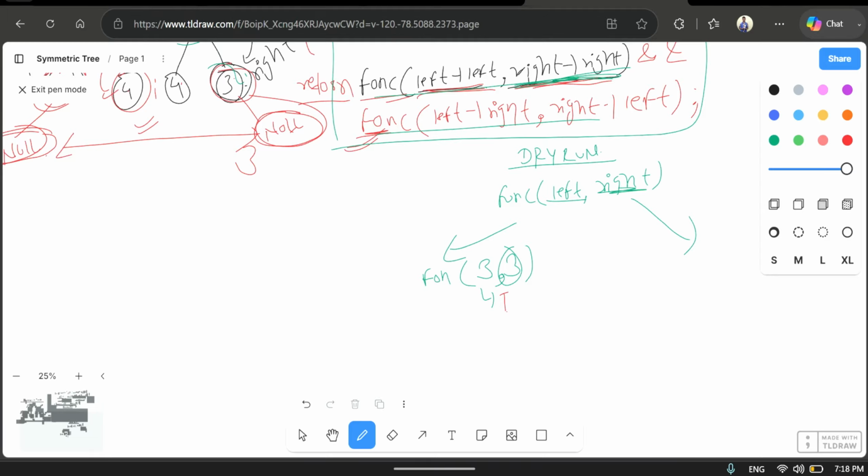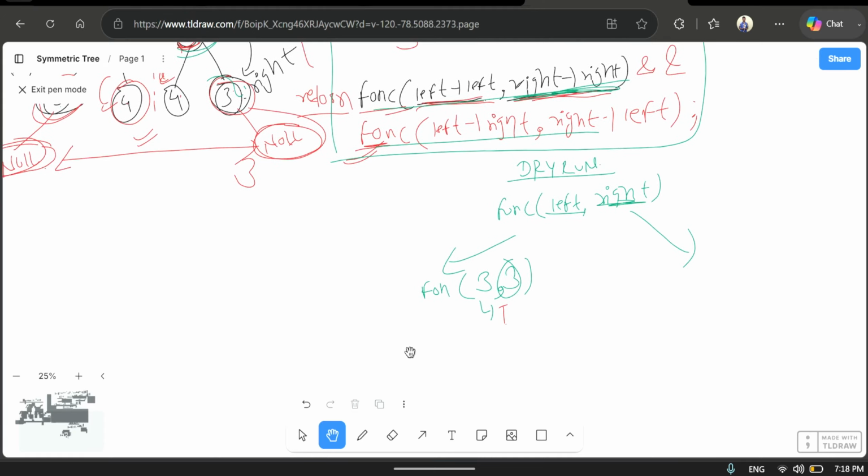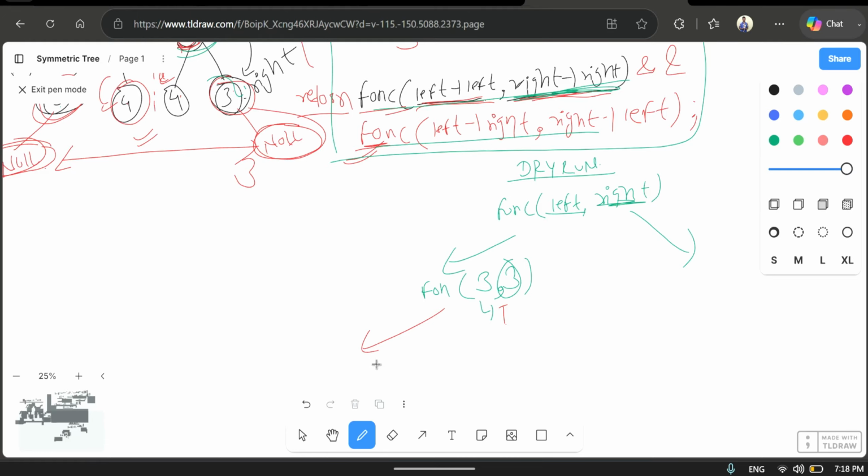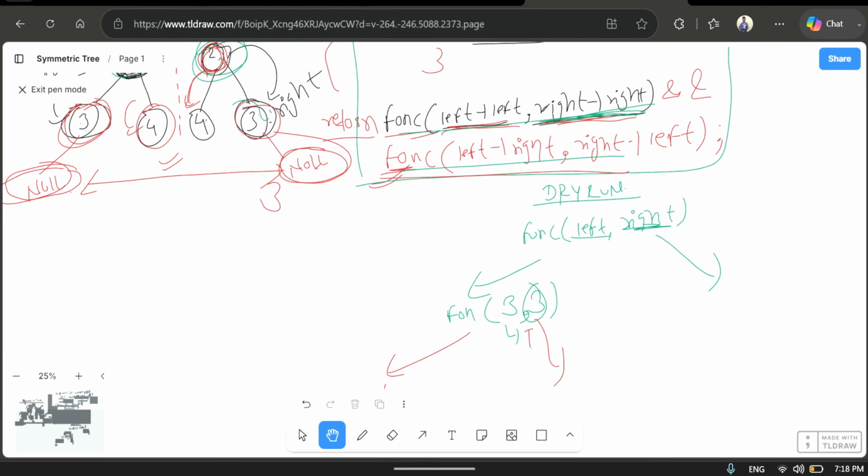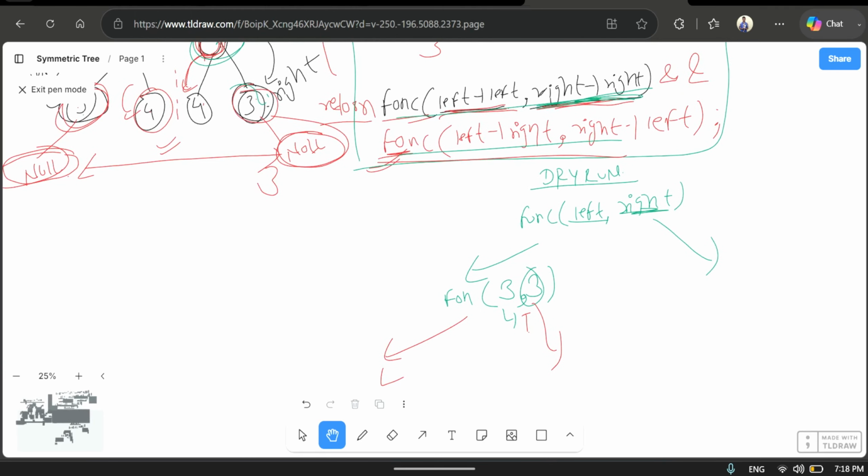And that was the function call for the left part, right? But I also have it for the right part, which is this one, which hasn't been executed. Now what is 3's right value? 3's right value is null, and if you see here, 3's left value is also null, right? And that would also give you true.